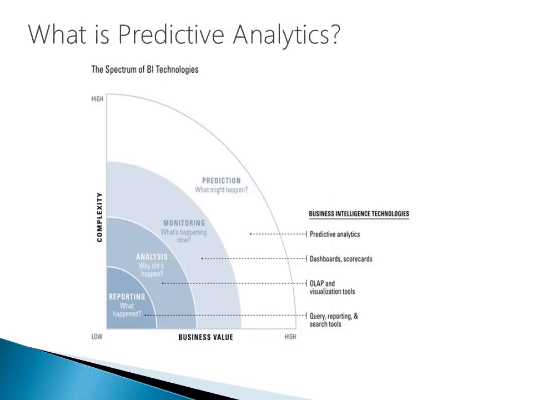Continuing to talk about the spectrum of BI technologies, similar to the example that we looked at earlier, we can think of reporting as a spectrum that grows as an organization shifts from one area to the next. As we're moving from reporting, analysis, monitoring, and prediction across the spectrum, the value to the business increases. But it's also important to note that the complexity increases.